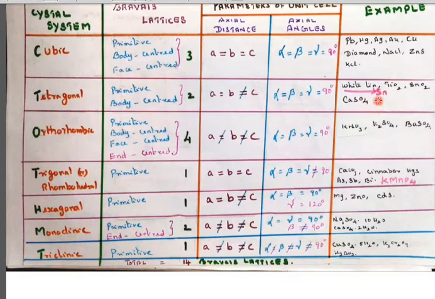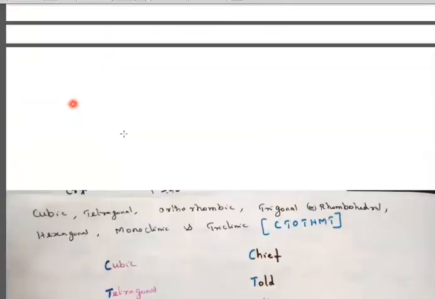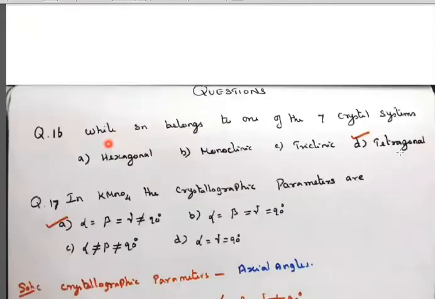White tin is an example of tetragonal. So in the question, tin belongs to tetragonal. Please keep this chart handy. It will be easy for you to give the examples as well as angle and distance, all the parameters.